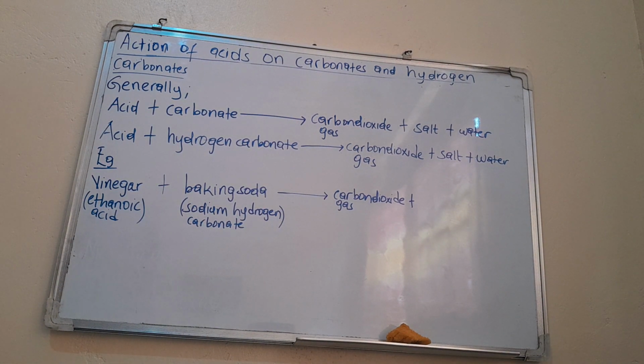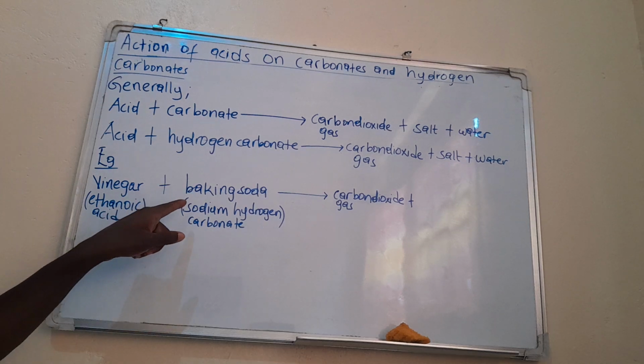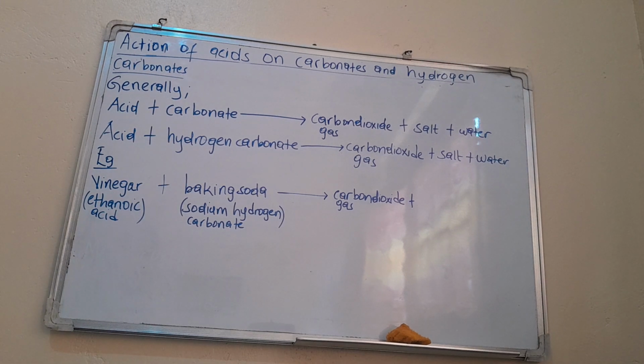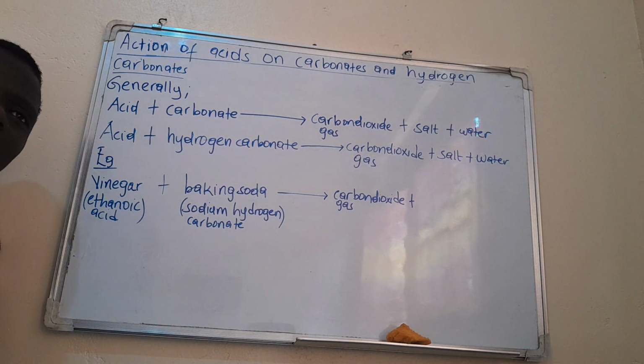So think about the salt formed when you react baking soda, which is sodium hydrogen carbonate, and ethanoic acid. What is the name of that salt? The name of that salt is sodium ethanoate.